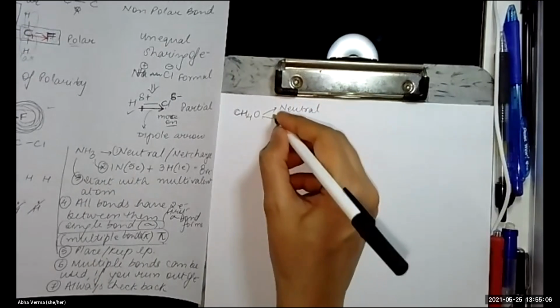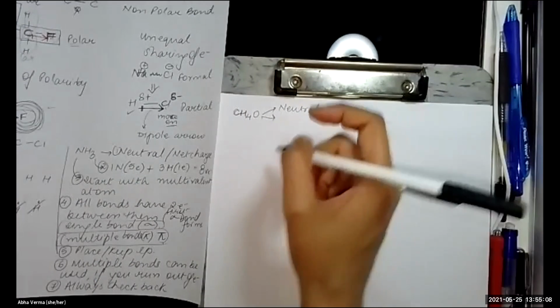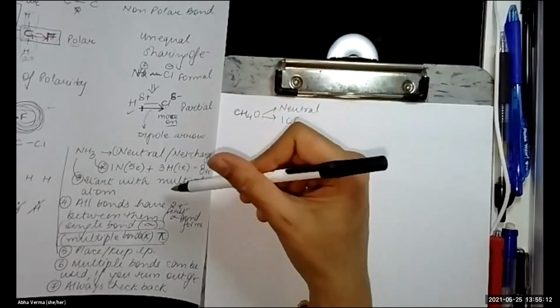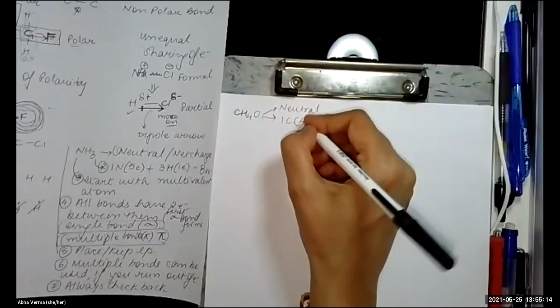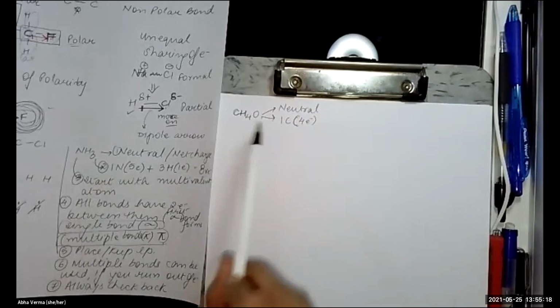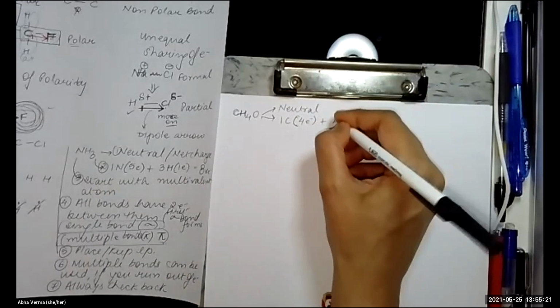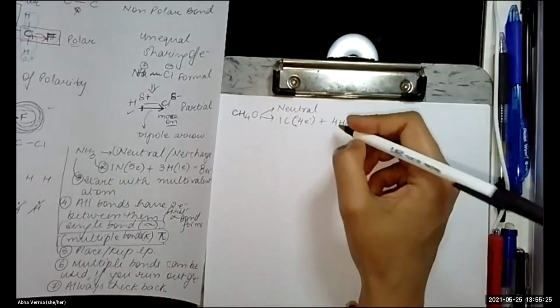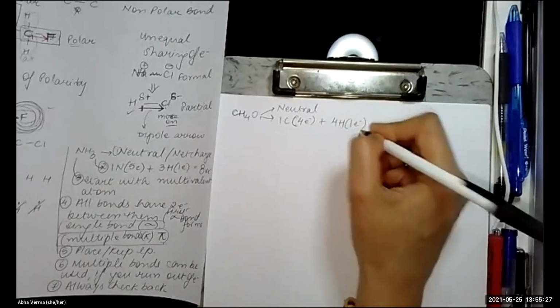What is the total number of valence electrons that I see on it? There is 1 carbon, and carbon has how many valence electrons? 4. And then I have 4 hydrogens. Each hydrogen has how many valence electrons? 1.